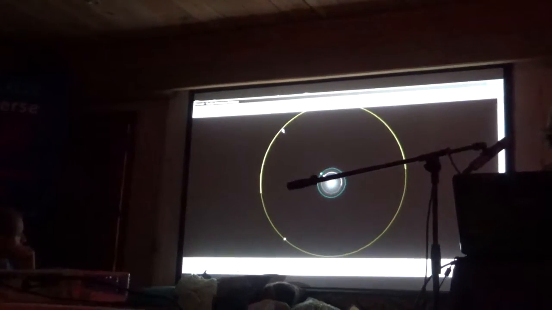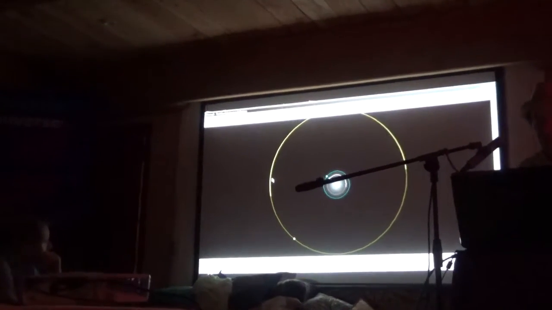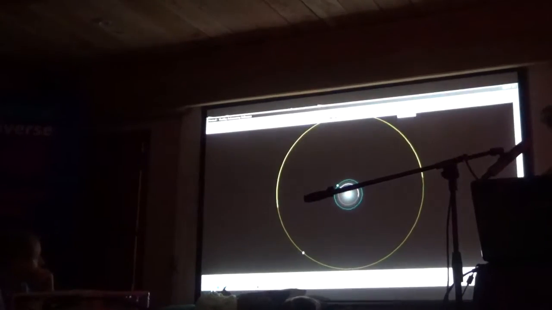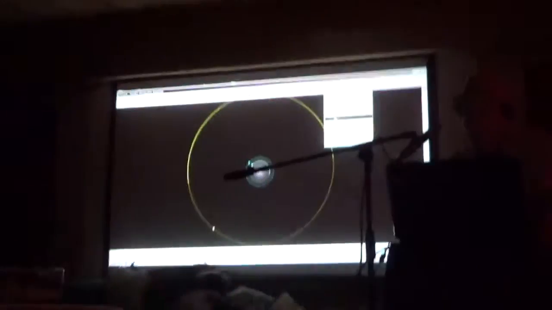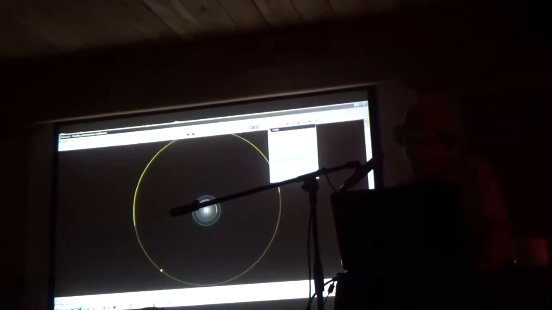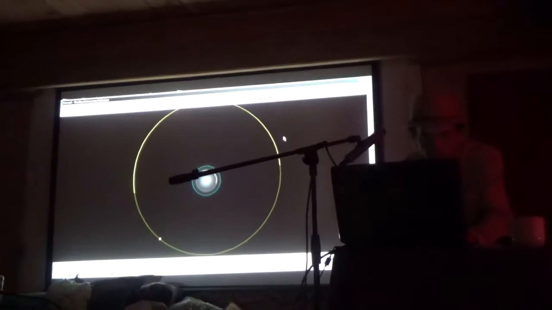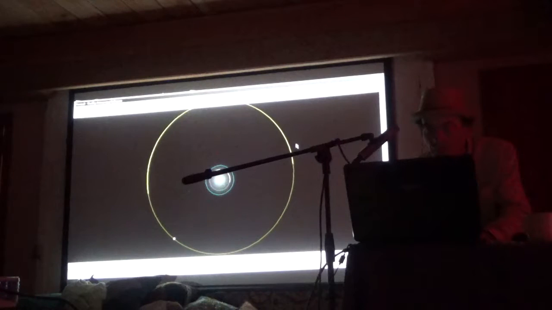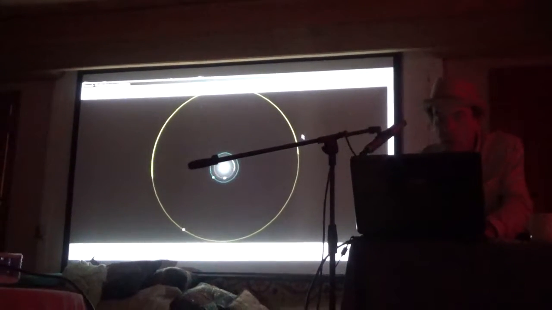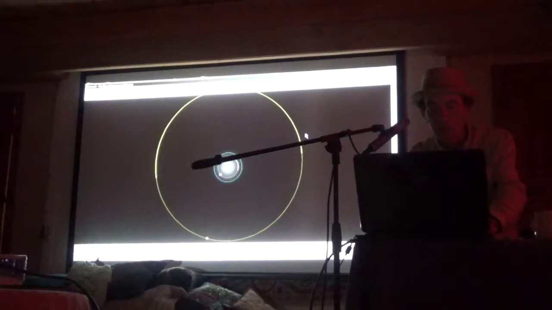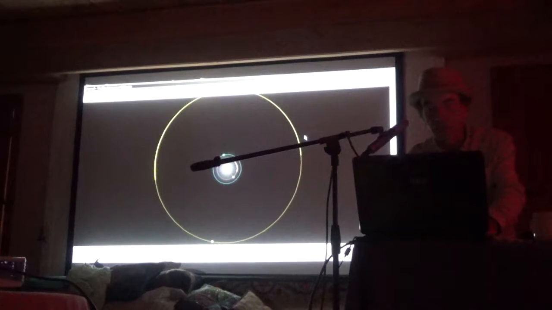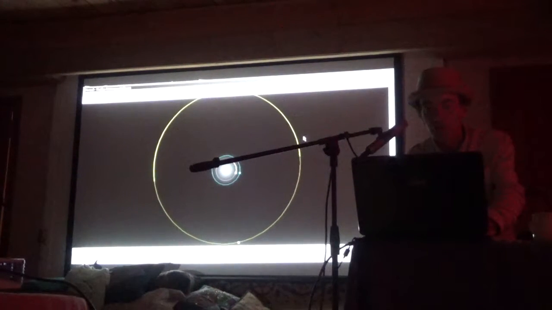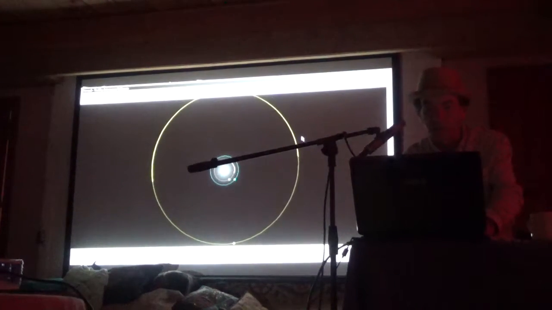Now I'm going to be animating Earth and Venus in half synodic periods of the two planets. Normally the planets are obviously marching around the Sun this way, but I'm going to be jumping from oppositions to conjunctions because I'm looking at specific geometries.